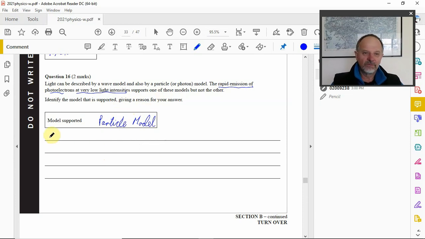And so the particle, the photon, gives up all its energy and a photoelectron is emitted.